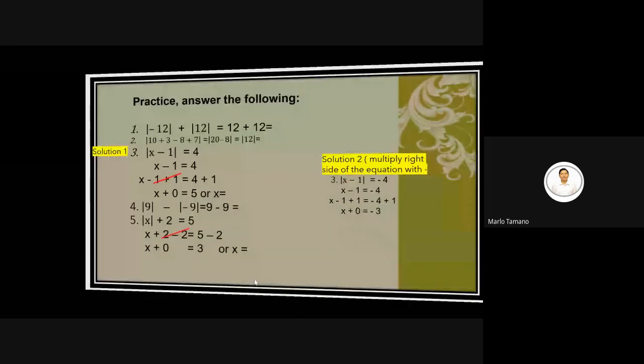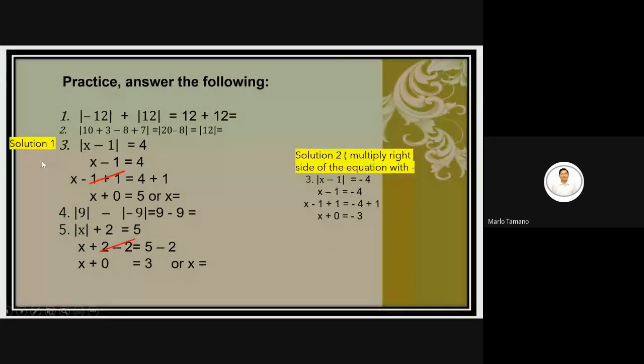Let us go back in here, number 3. So there are two solutions if this will be the case. This is what we call an equation. The absolute value of x minus 1 is equal to 4. Dalawa pa ang solution natin. We have solution number 1 as is. When I say as is, isosolve ninyo as in wala kayong babaguhin.